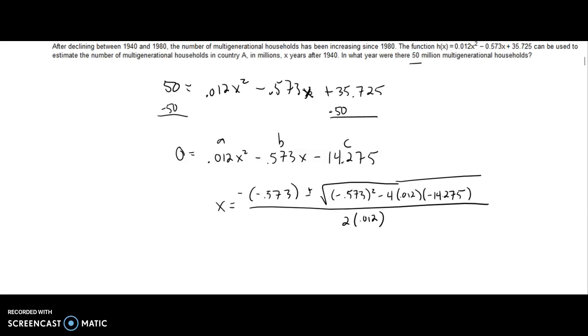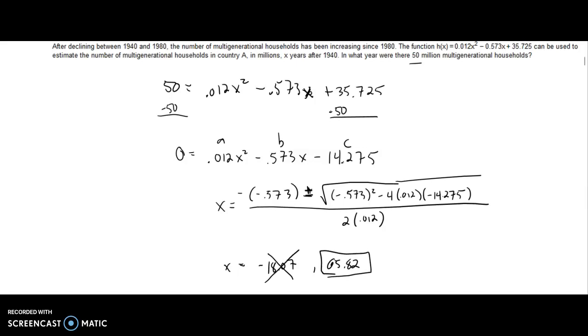Okay, so if I run this through my calculator, which I did just a minute ago, I get two answers, because of the plus or minus. One of those is negative 18.07, and the other one is 65.82. This one's out because our model starts at time equals 0, so the other is my answer.